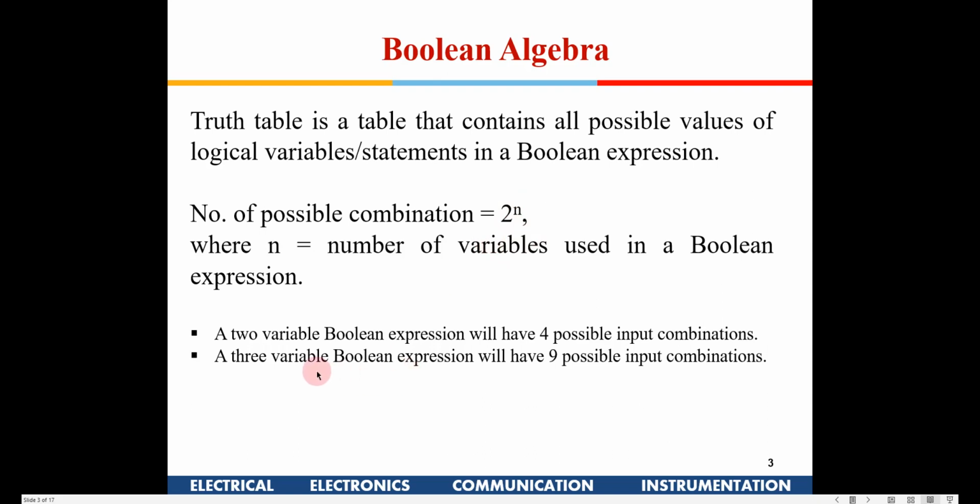Similarly, if you have a 3 variable Boolean expression, then the total number of unique input combinations possible is 8. In general, if there are n variables, 2 to the power of n different input combinations are possible. That is known as the truth table.